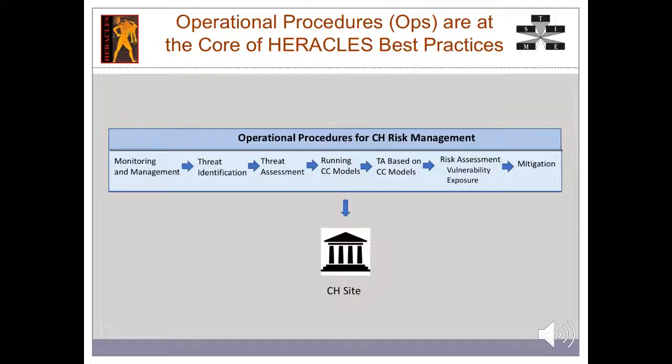The steps as shown here are monitoring and management, threat identification, threat assessment, running climate change models, threat analysis based on climate change models, risk assessment based on vulnerability and exposure, and mitigation.